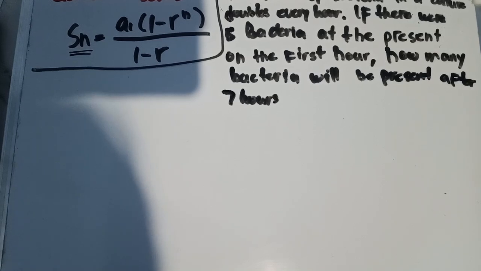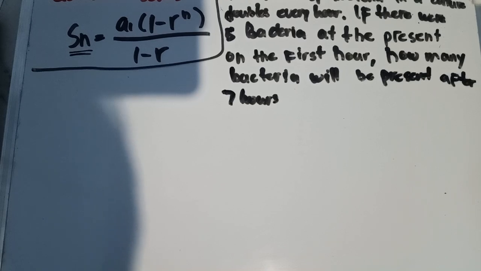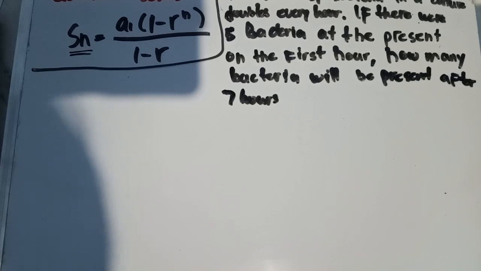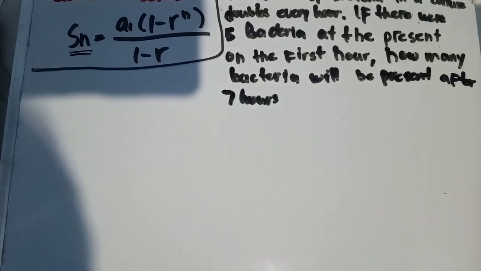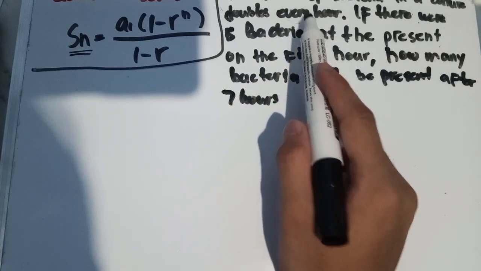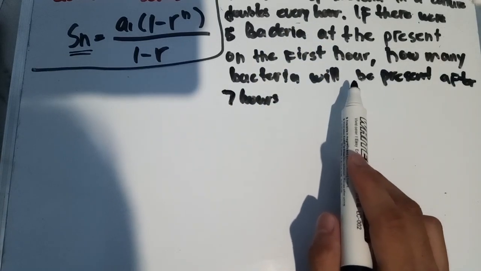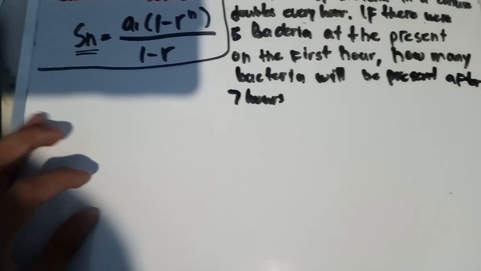The number of bacteria in a culture doubles every hour. If there were 5 bacteria at present on the first hour, how many bacteria will be present after 7 hours? Tinatanong dito kung ilang bacteria yung makikita natin after 7 hours. So let's write the given.